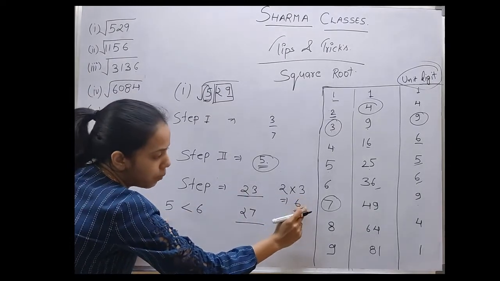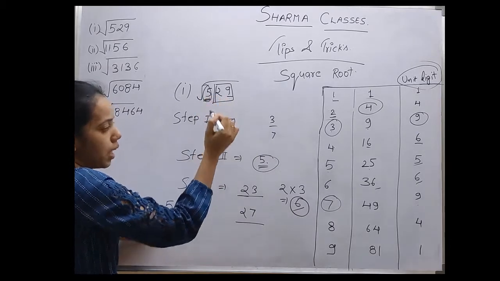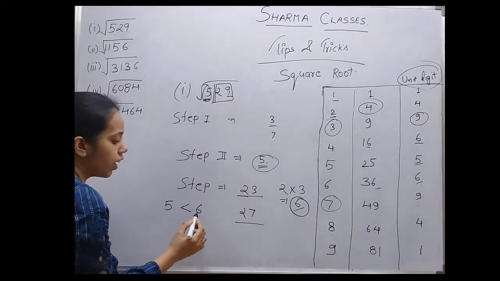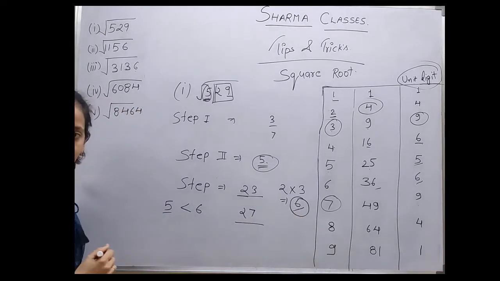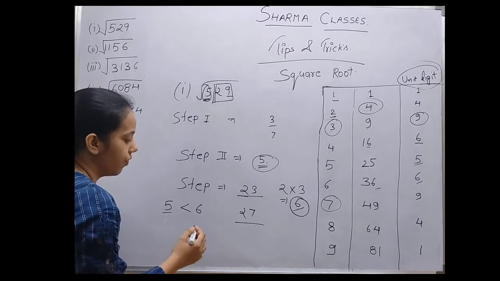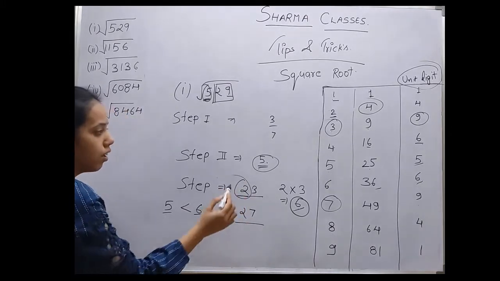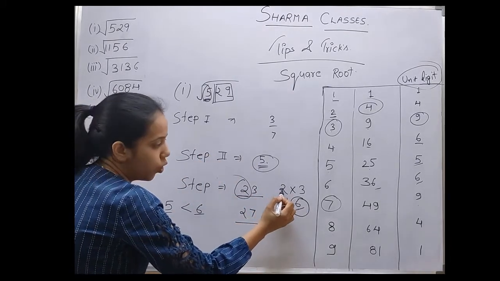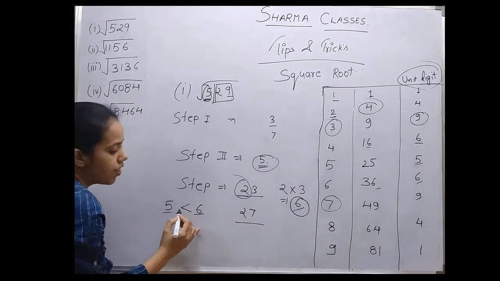If the number we get after multiplying by the successor is bigger than our remaining number, then what do we do? Now we compare. The square of the successor of 2 is 6. When we compare 6 and 5, we find 5 is less than 6.